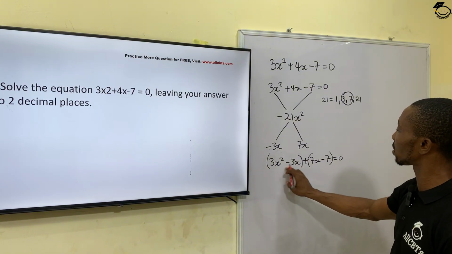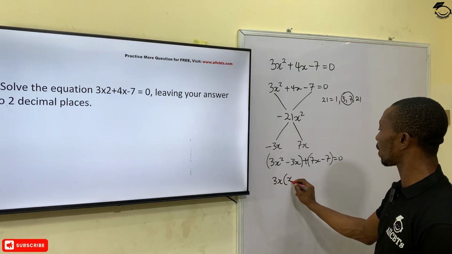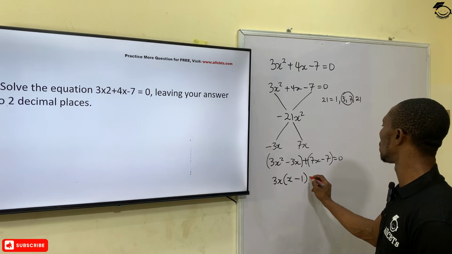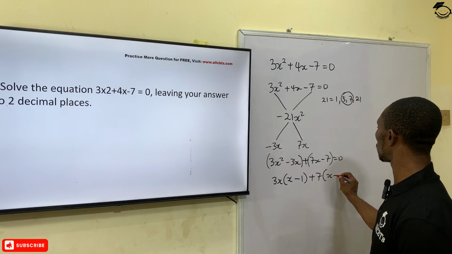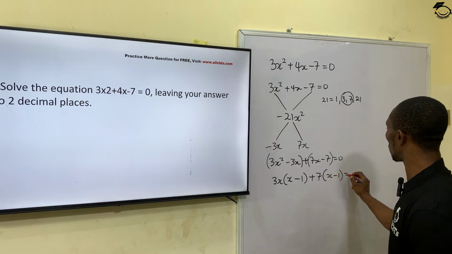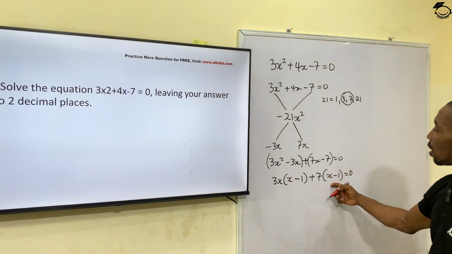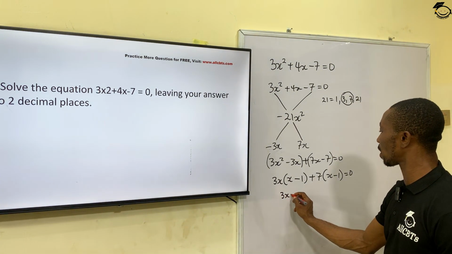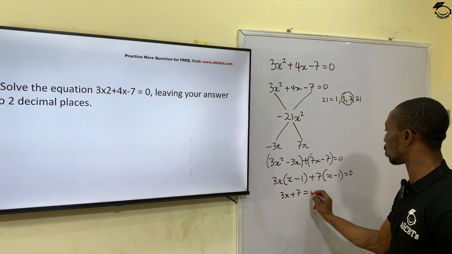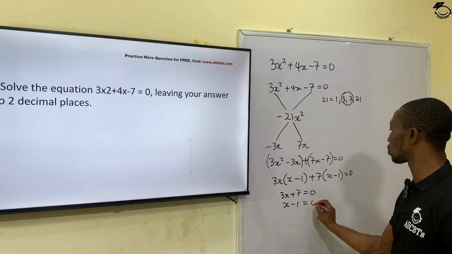We have 3x, so we put it out, remaining x minus 1. Plus 7 is common here, so we put it out, and minus 1 equals 0. Now you can see what we have in our brackets are the same, so we bring them together. So this becomes 3x plus 7 equals 0, and x minus 1 equals 0.